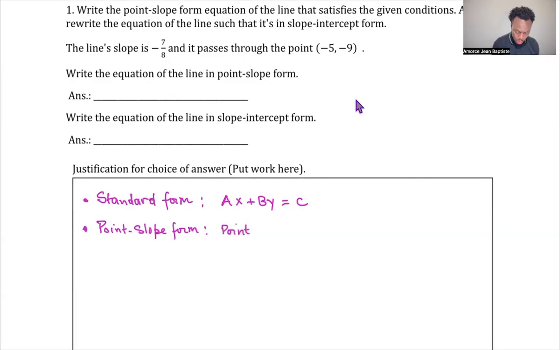of the linear equation, say they give you x1, y1, and then they give you the slope of the line.